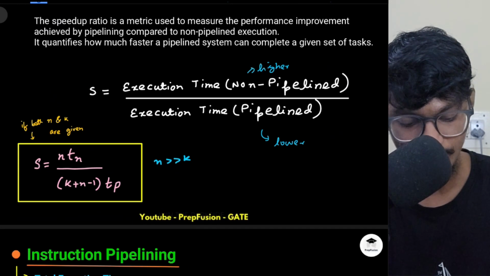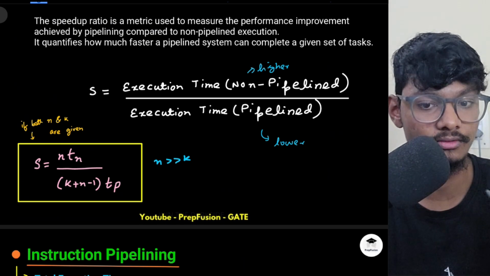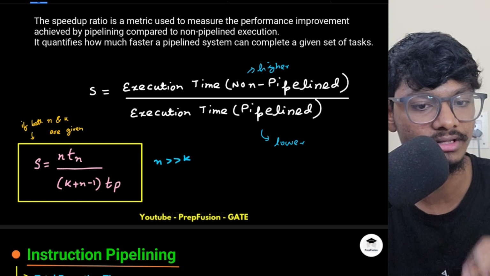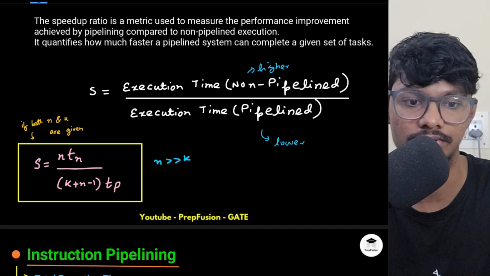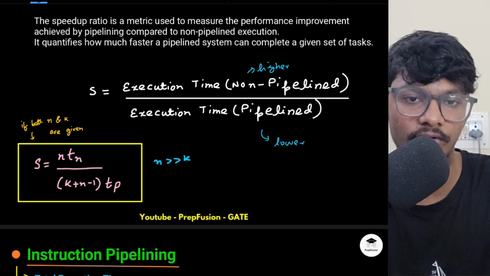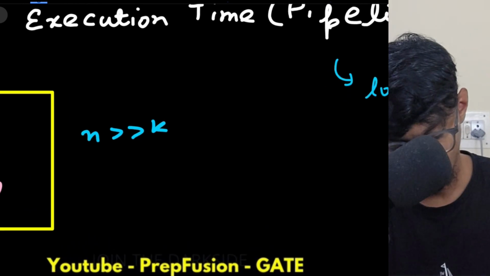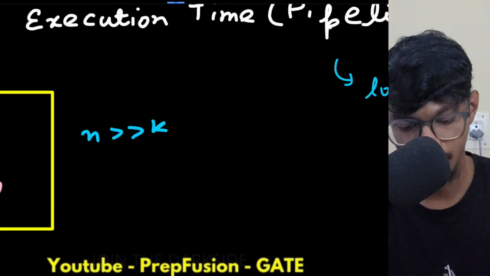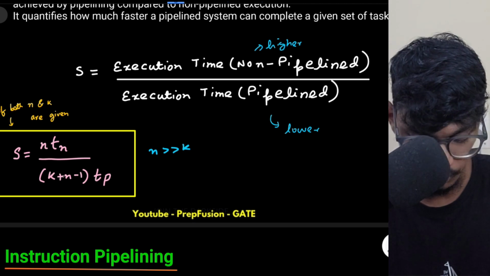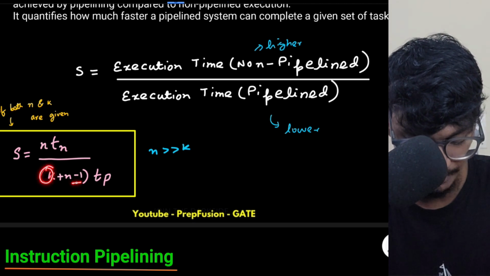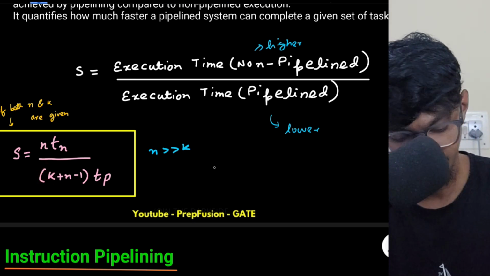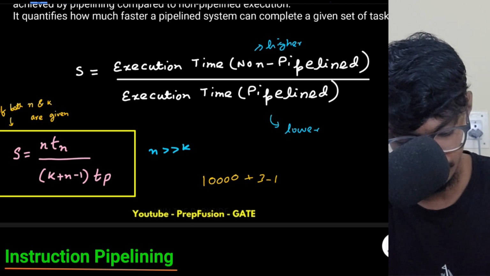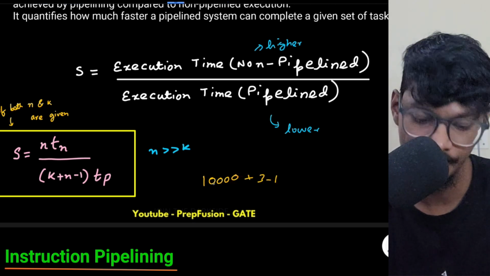Now, if for some reason they haven't given you n or k, then what you can do is assume n to be very, very much larger than k. If n is very much larger than k, then this k minus 1 I can ignore. If I am doing 10,000 plus 3 minus 1, can I ignore the 3 minus 1 from the 10,000?